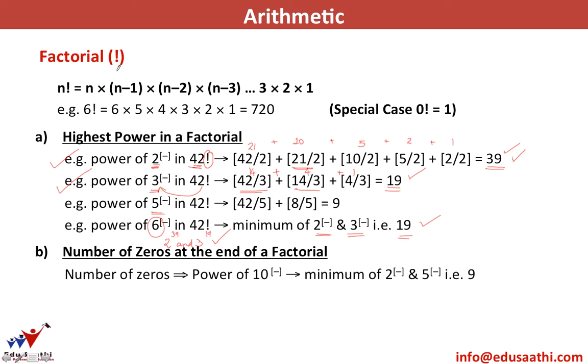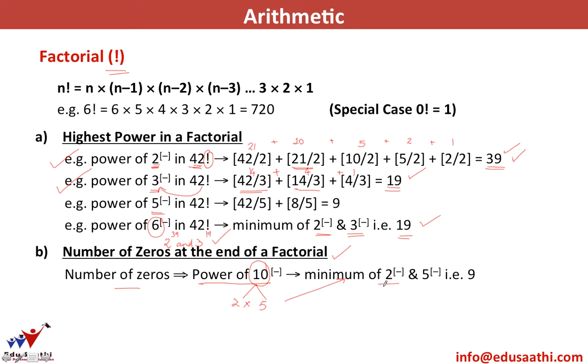Another application of factorial is to find out the number of zeros at the end of a factorial. Now, number of zeros is what? The power of 10. 10 again being a composite number has to be broken into two prime factors which are co-prime to each other, 2 and 5.